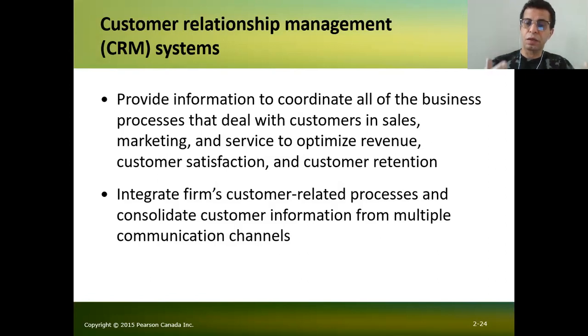So it helps the individual trying to sell to this person or provide them service find all the historical data, and the system will advise you on the next thing you can do. It also integrates the firm's customer-related processes and consolidates customer information from multiple communication channels.